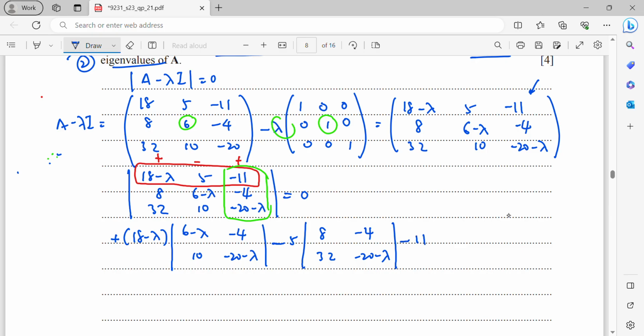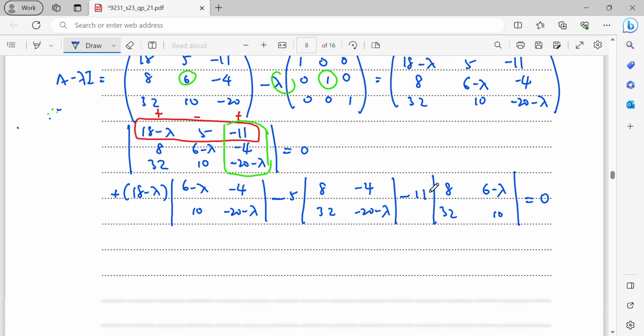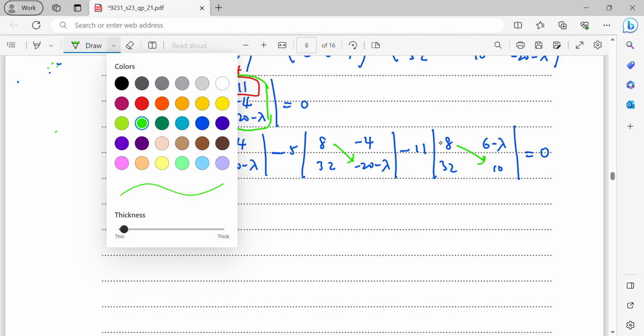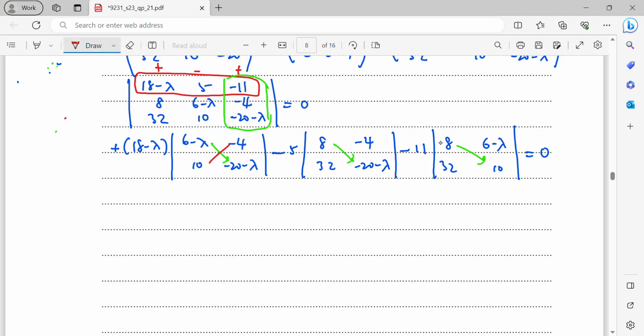Therefore, you get minus 11, then the remaining entries will be 8, 6 minus lambda, 32, and 10, and let this be 0. Again now, to solve the 2 by 2 determinant, the green arrow minus the red arrow.